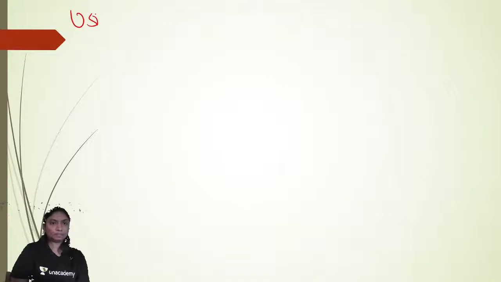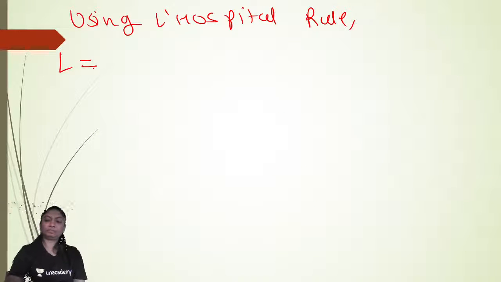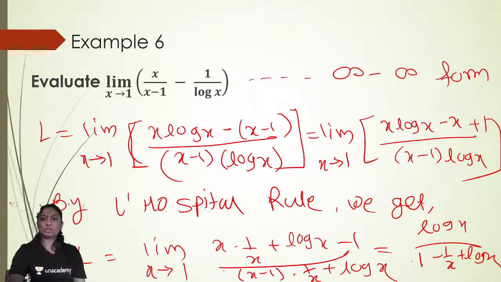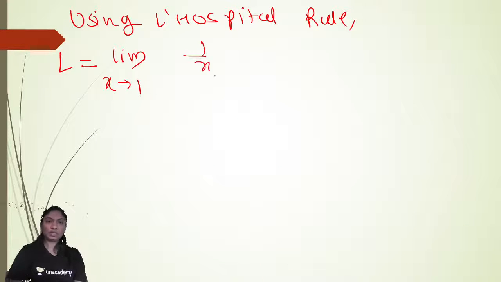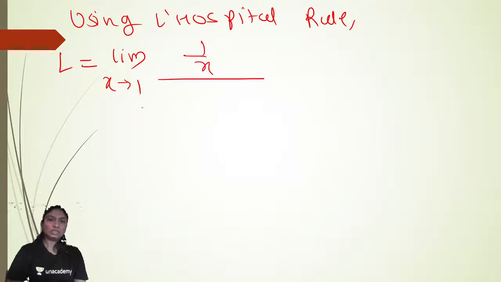So using L'Hospital rule, here we have L is equal to log x, limit as x tends to 1. As x tends to 1, log x, it means 1 upon x upon minus plus 1 upon x square.